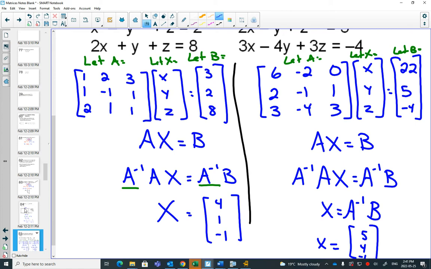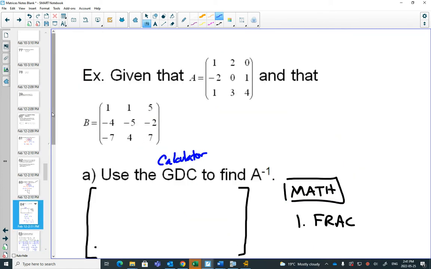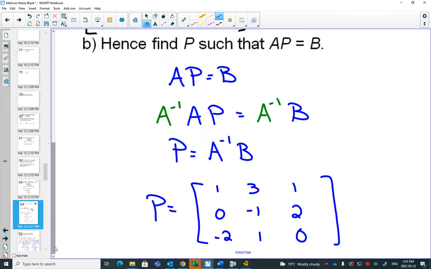So Michael had asked, can you multiply in the middle? I don't think so, because I was thinking about this question, right? We know A and we know B. So could we solve for this? And I don't think so.